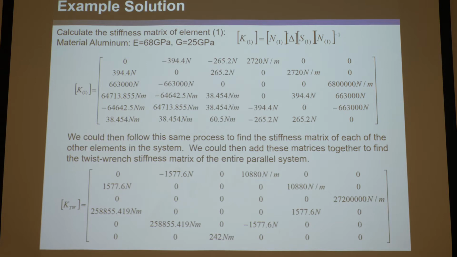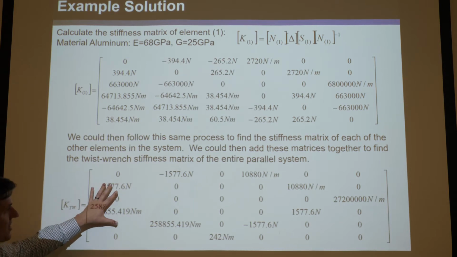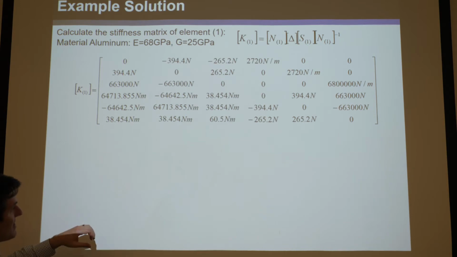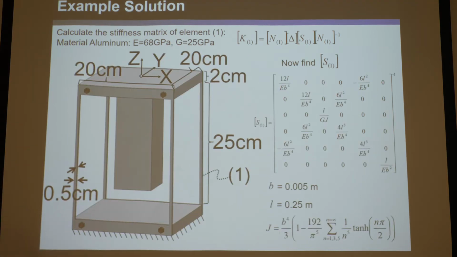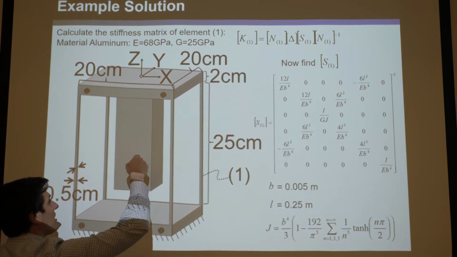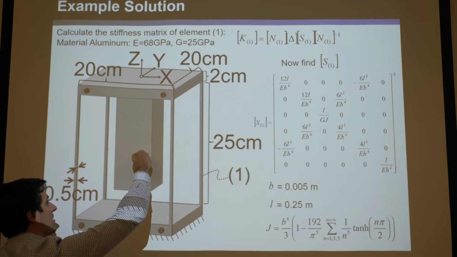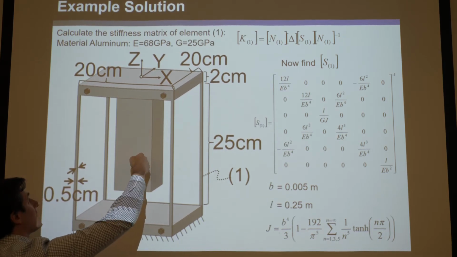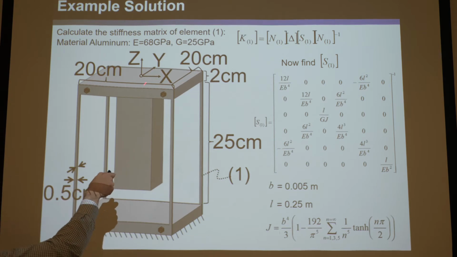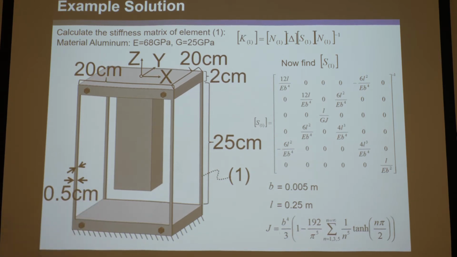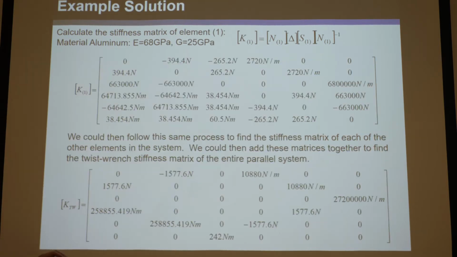So one other note here is once you have a system's stiffness matrix, KTW, then say I wanted to load this stage with some wrench, maybe a pure force wrench right there, and say I define that wrench with respect to the global coordinate system. Well, what I could do is take that wrench and invert this stiffness.